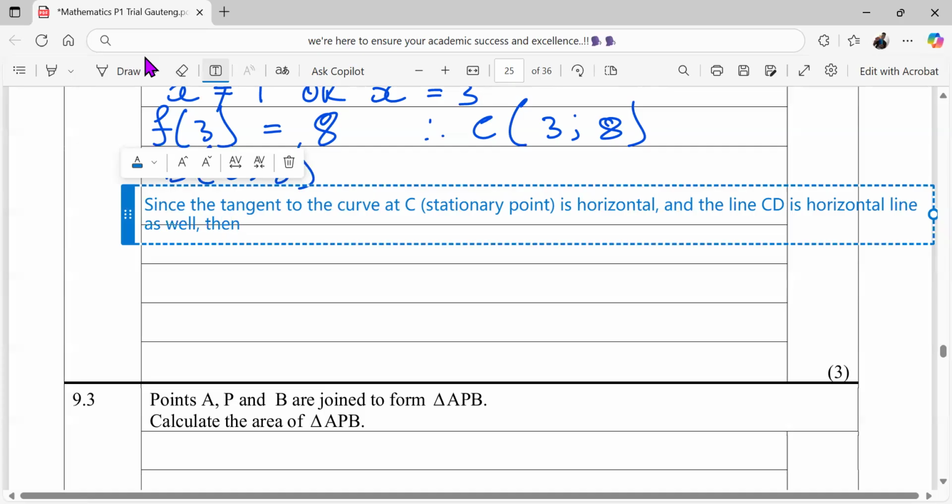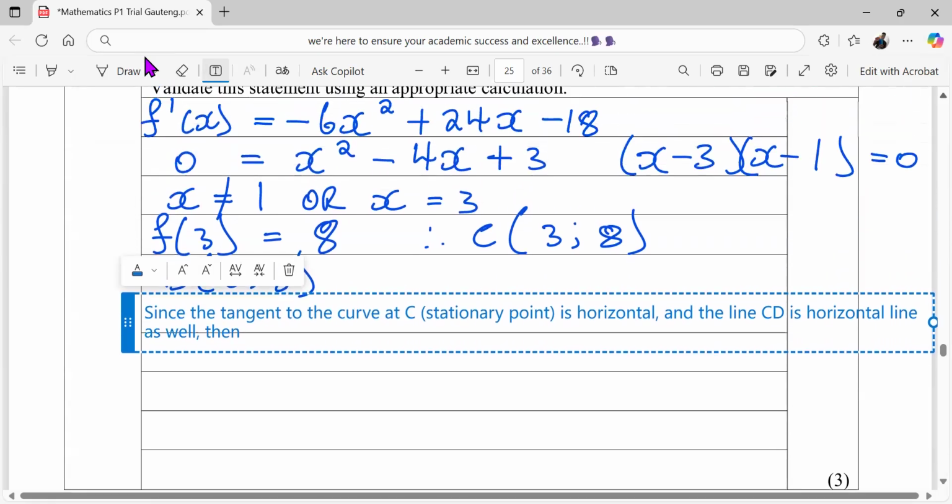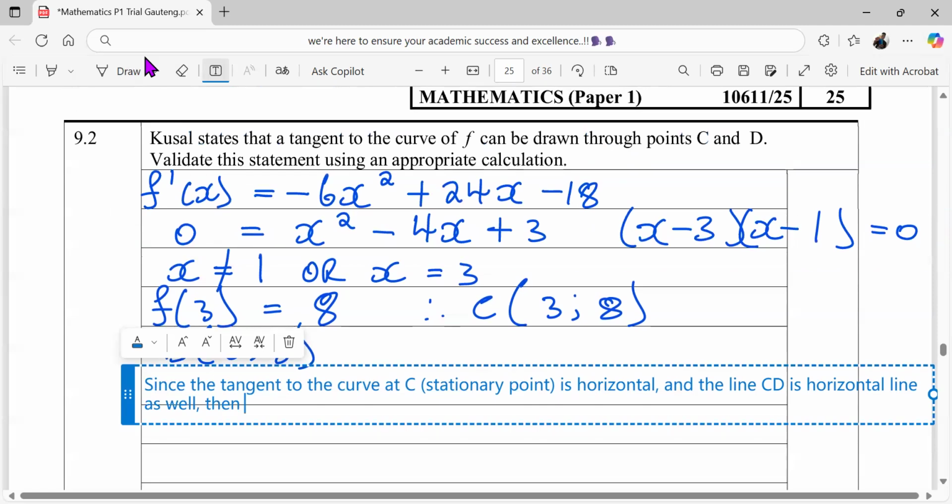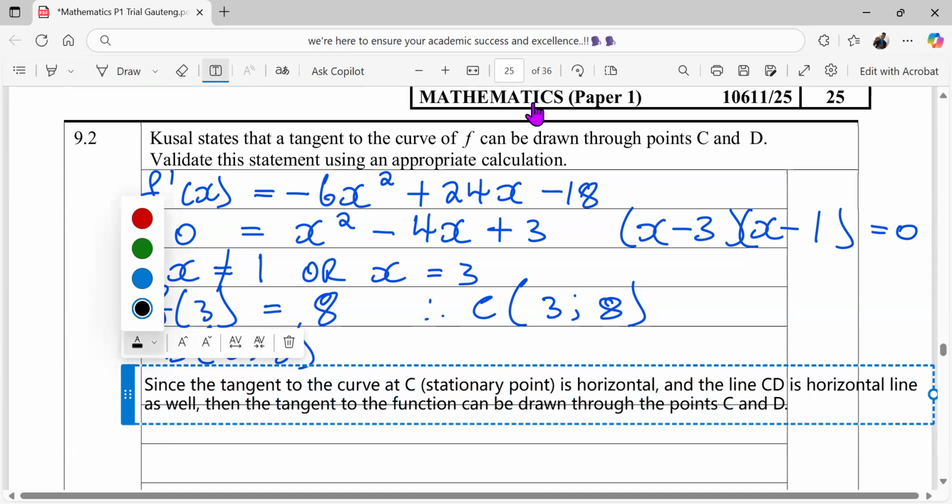Then, when you make your then, we need to remember what the person was saying. Yes, then the tangent to the function can be drawn through the points C and D, because we have now shown that CD is just a horizontal line.